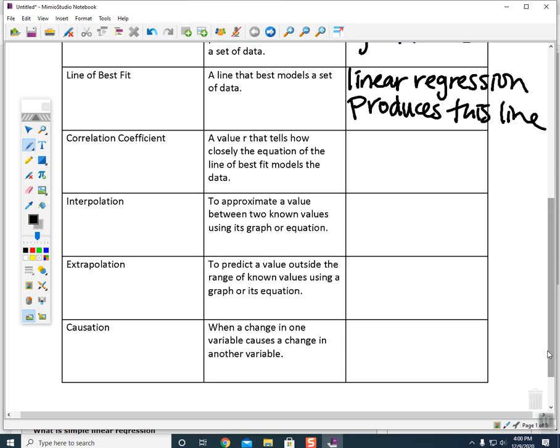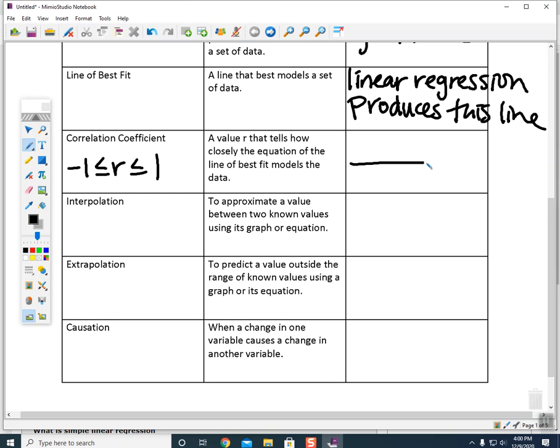In other words, how strong or weak is our correlation. And our R value is going to spit out a number between -1 and +1. My correlation coefficient is going to lie somewhere between -1 and +1.